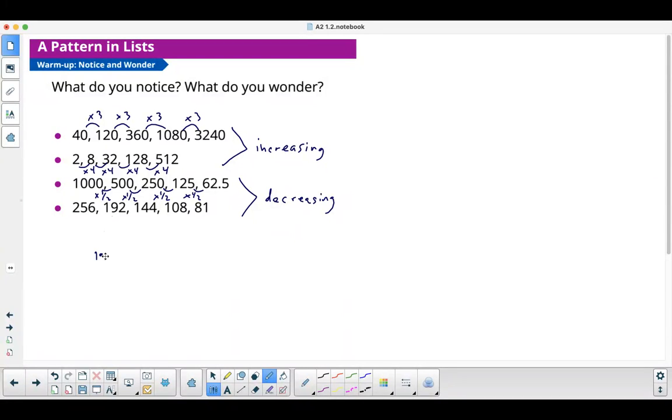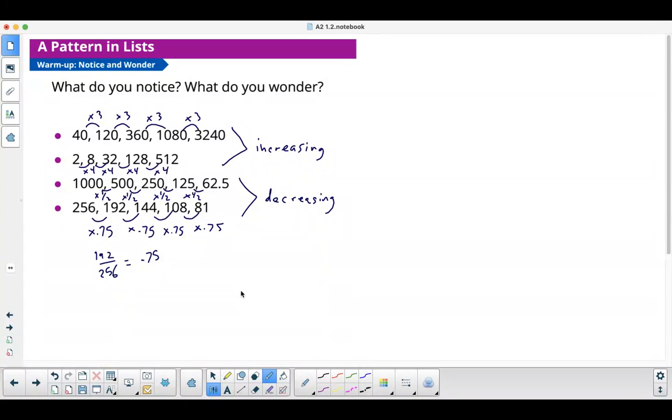So if I took 192 and divided by 256, I'm going to get 0.75 or 3/4, either one. Since 0.75 is an exact decimal, I'll just leave it. If I had to round it, I'd probably put it as a fraction because I don't like rounded decimals in math. But there you go, times 0.75.